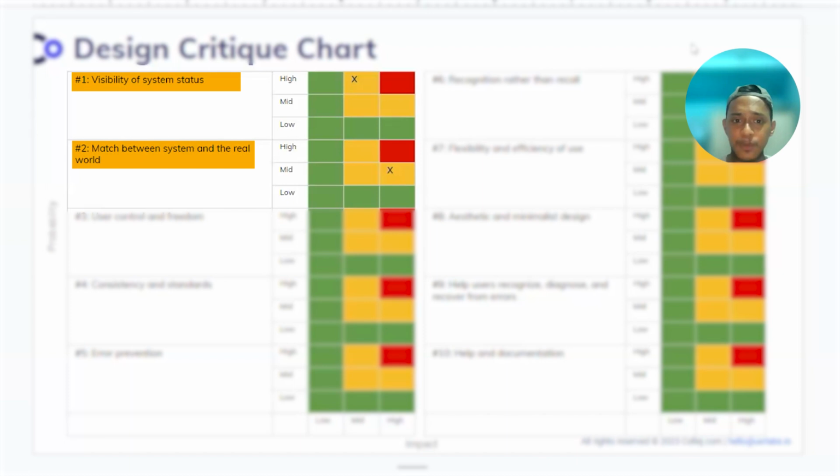we discussed that the probability of users coming into the app is mid, because there are different kinds of users, and the frequency of using the app is not that much, but yes, it's also important. So that is why the impact is also mid. So that's where we have mid. And then we have visibility of system status.